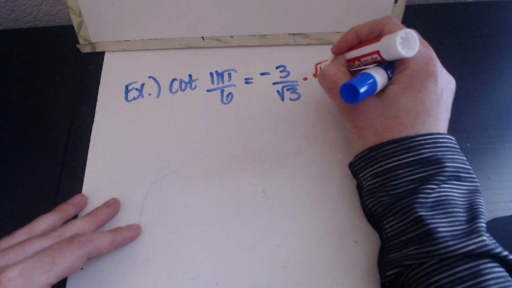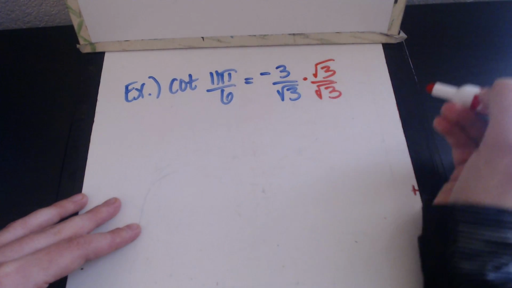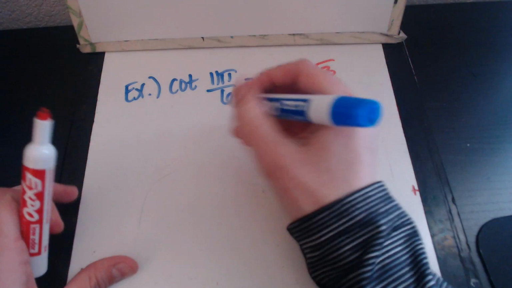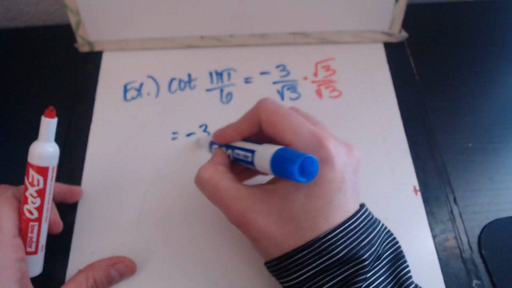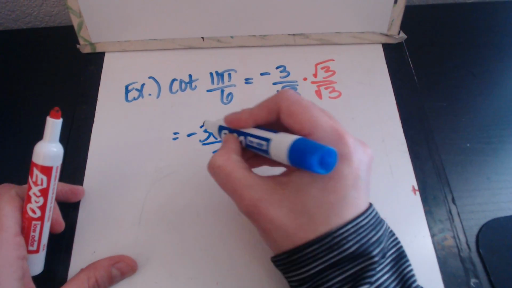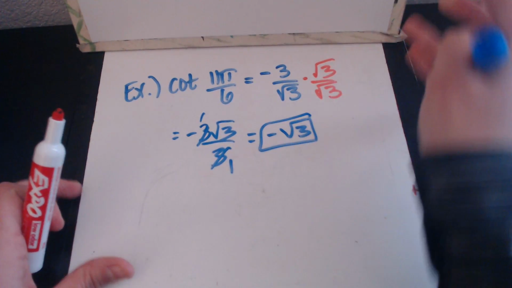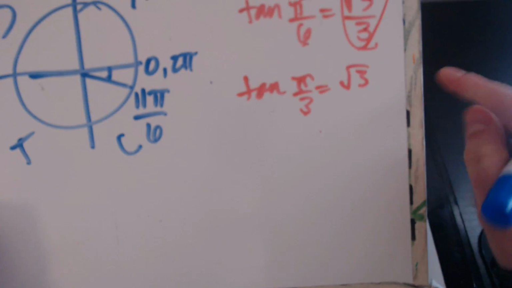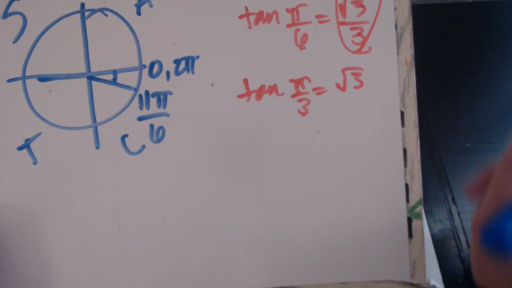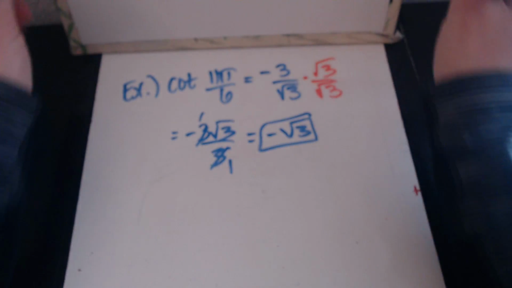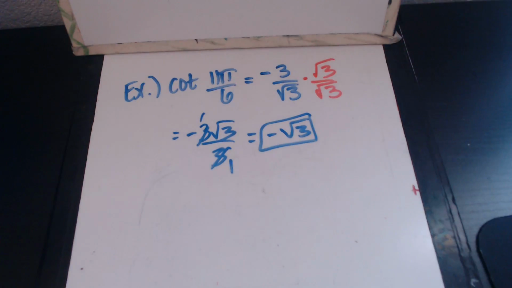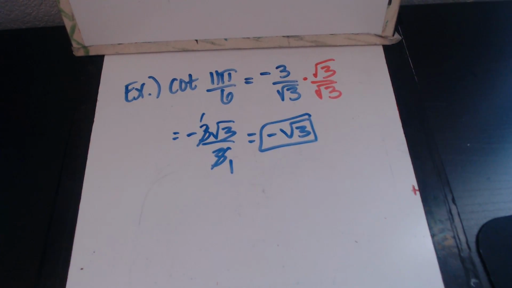I have to rationalize, so I multiply top and bottom by the square root of 3. This becomes -3√3 over 3. The 3's cancel, and I get -√3, which, looky there, is actually tangent of pi over 3. So tangent and cotangent values will flip for those reference angles, pi over 3 and pi over 6.